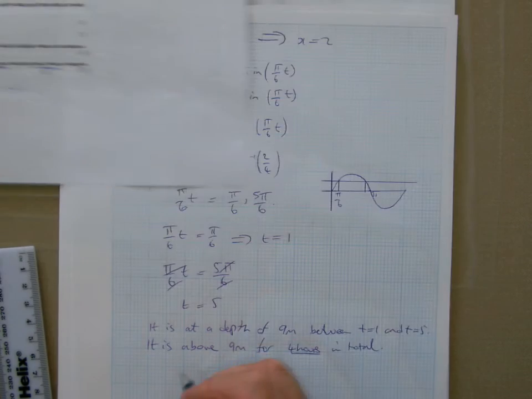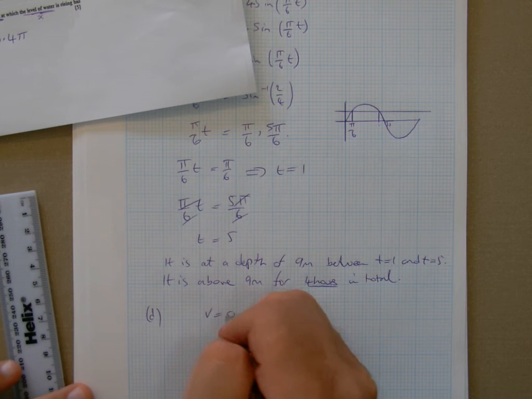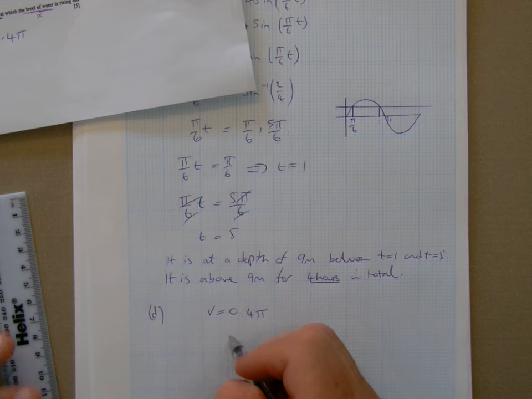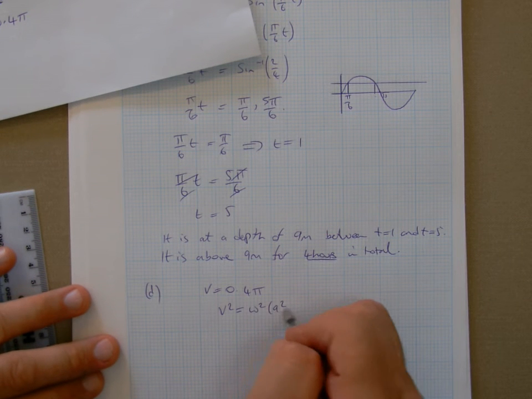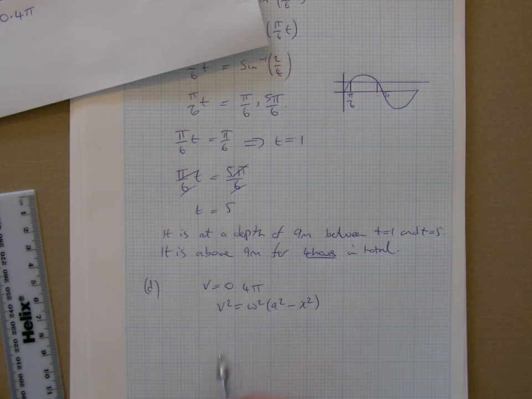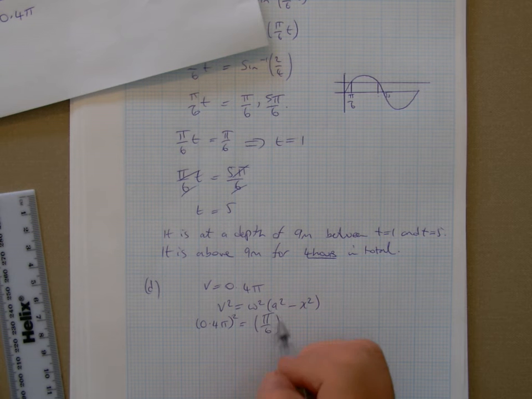So when they say the rate at which the level of water is rising is this, essentially the velocity is that. So v is 0.4 pi. Now we can use our formula for v: v squared equals omega squared, bracket a squared minus x squared. We're told v is 0.4 pi. Omega, we worked out earlier to be pi over 6.